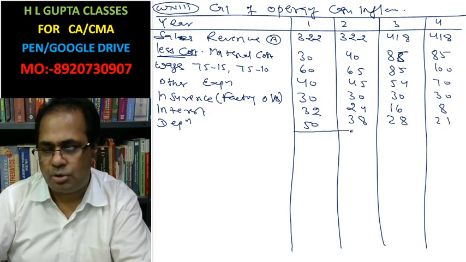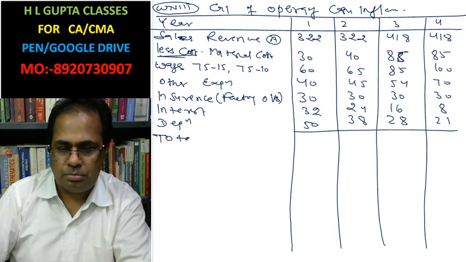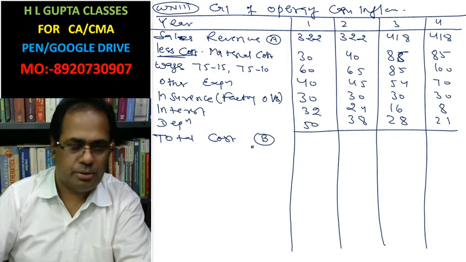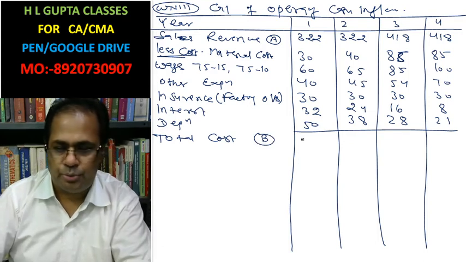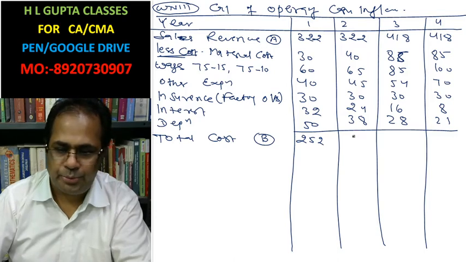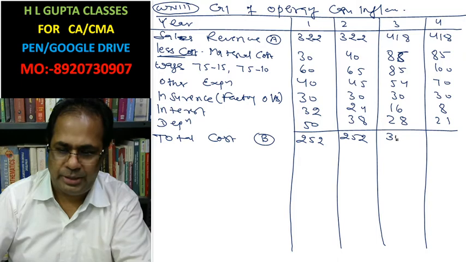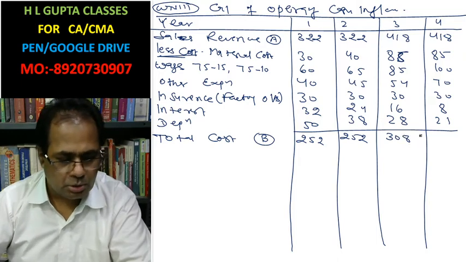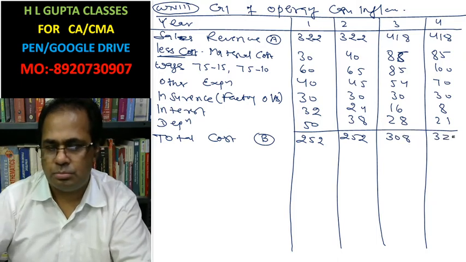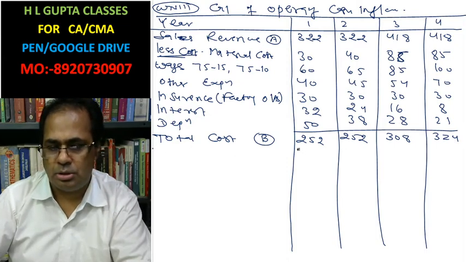Now you can write the total cost in this case. Total cost, assumed to be B: 252, 252, 308, 324. Now this is the total cost.